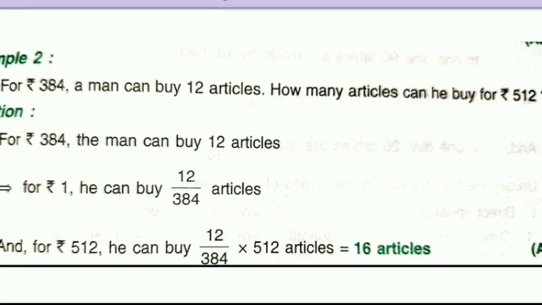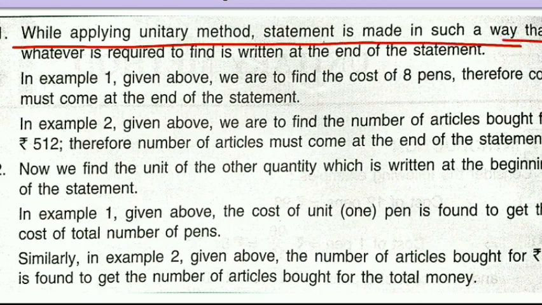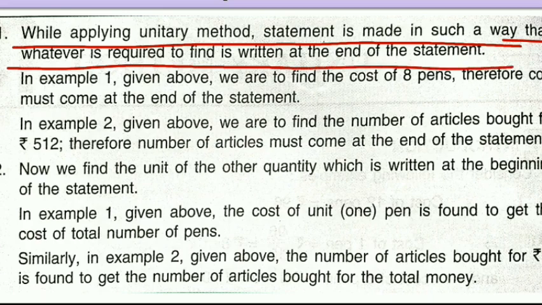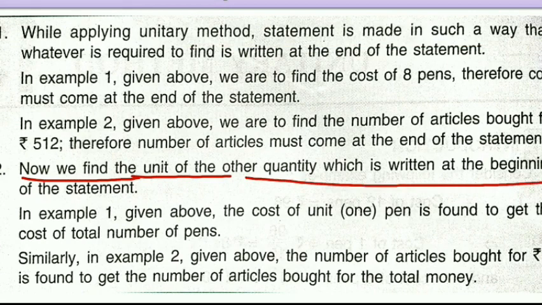So this is very, very important to solve this type of questions. While applying the unity method, a statement is made in such a way that whatever is required to find is written at the end of the statement. Already I have explained this. Now we find the unit of the other quantity which is written at the beginning of the statement, and at the last we will get the quantity unit.